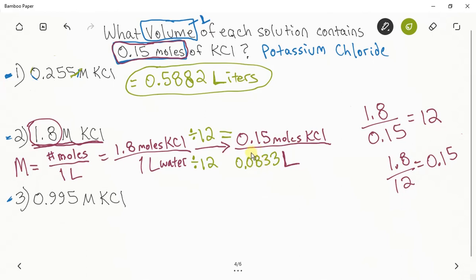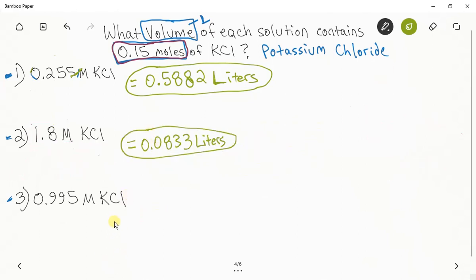So 0.0833 liters is how much you need to have of a 1.8 molarity of potassium chloride if you only want 0.15 moles in your solution. So your total volume of your solution that you want is 0.0833 liters.